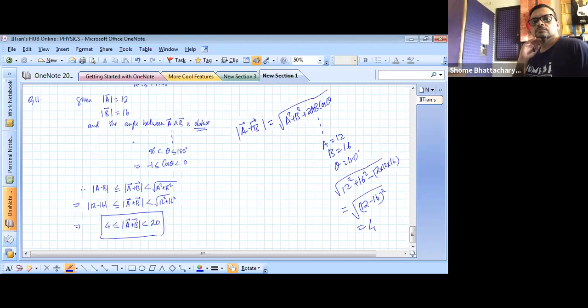Is less than 90. Less than or equal to 180 but greater than 90 because it is given to us as obtuse. This is given to us in the question. This is given in the question.